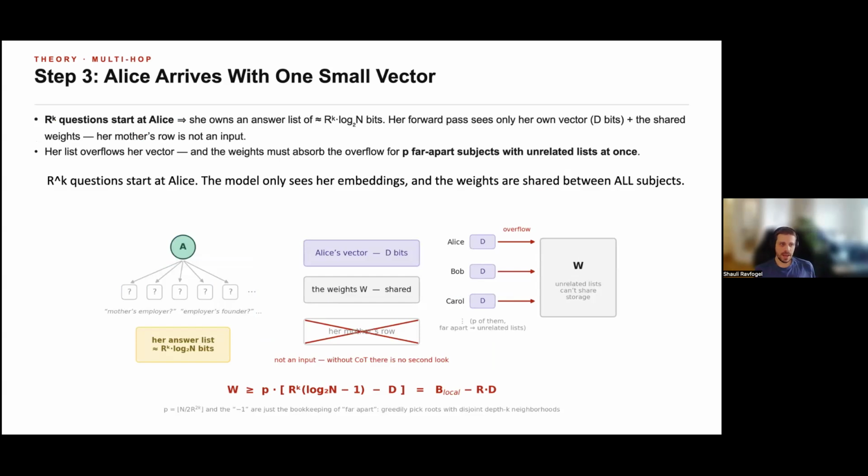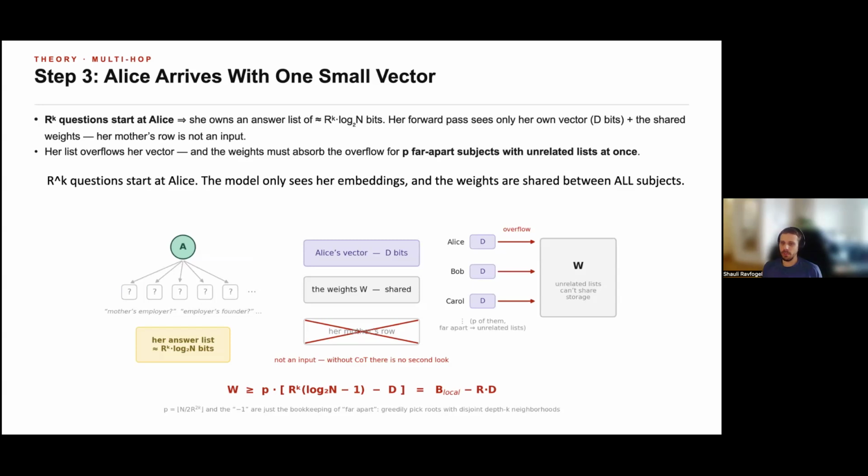Now, the second way is if we focus on a particular entity like Alice, so we can ask R to the power of k questions about Alice, right, corresponding to any composition of k relations. And so we're going to have for each entity an answer list of size R to the power of k times log N bits.